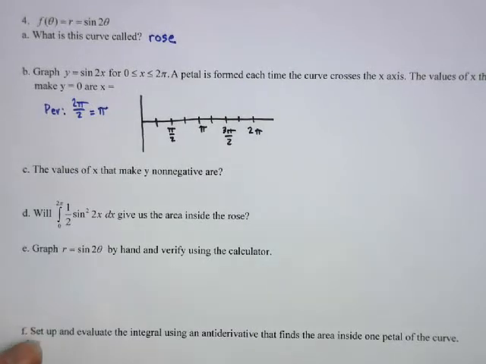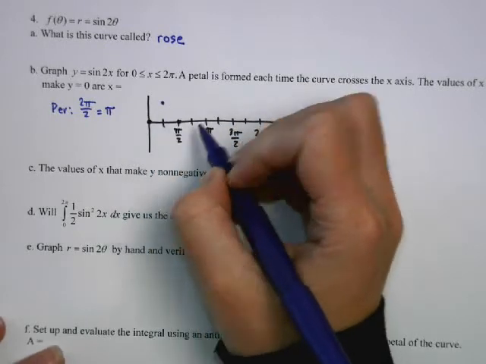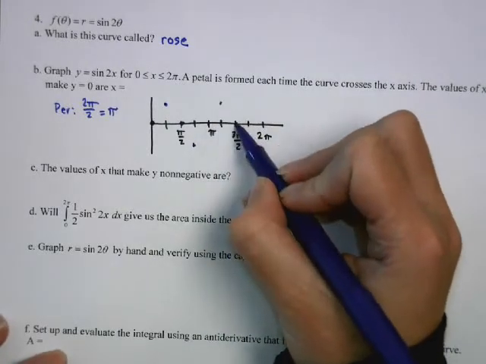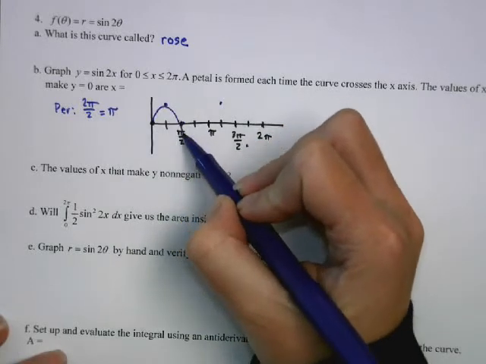So for this one, it's sine, so it's going to start at the midline, goes through 1 cycle in pi, and 2 cycles in 2 pi.